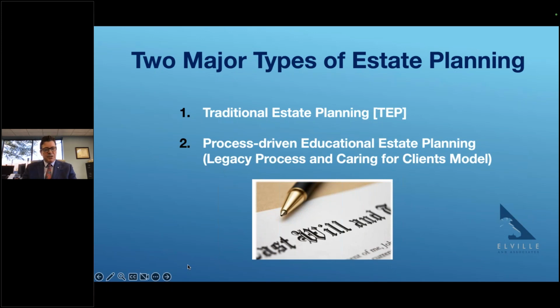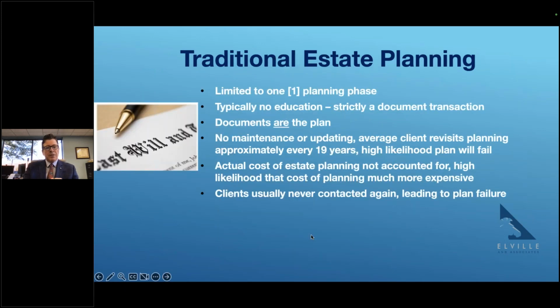There are two types of estate planning in my view. Other estate planners may or may not agree with me on this, but this has been my experience. I was trained in the mode of having a traditional estate planning approach. And what that basically means is that in the traditional model, there really is no education of the client.